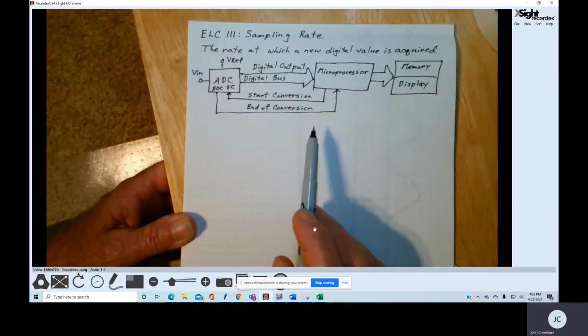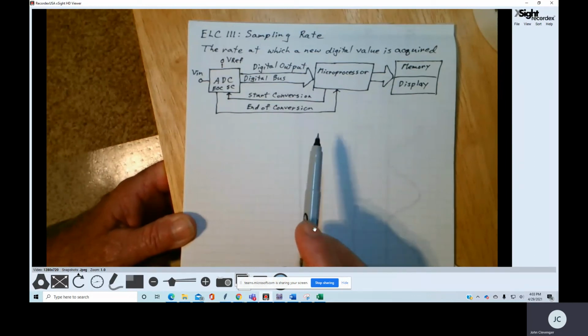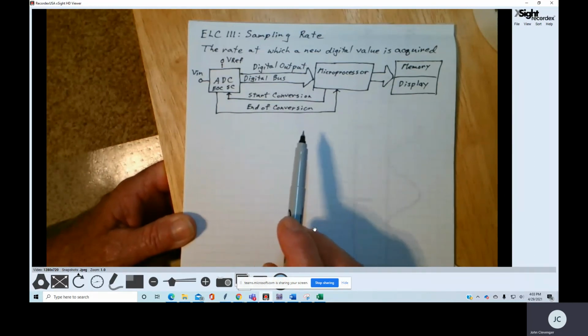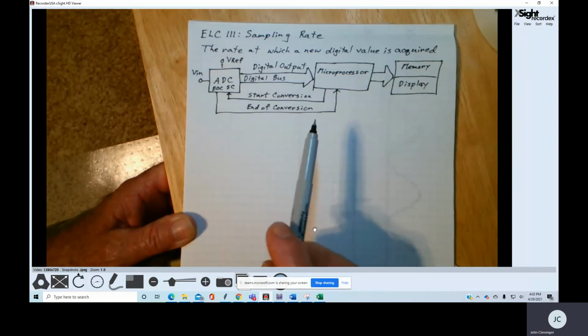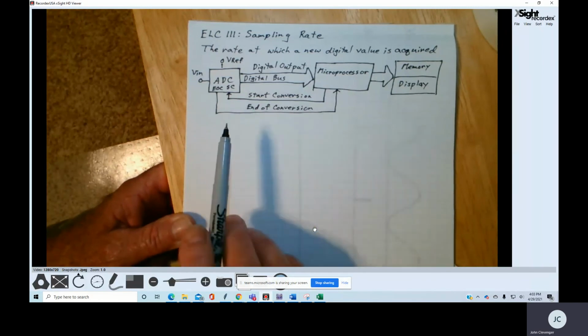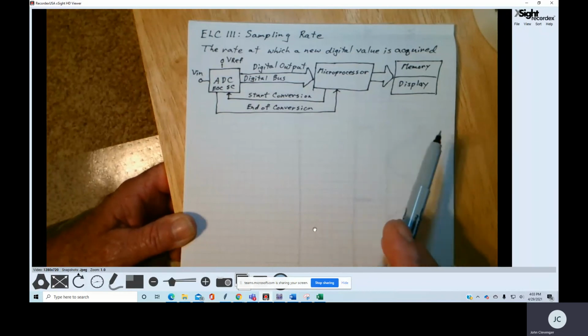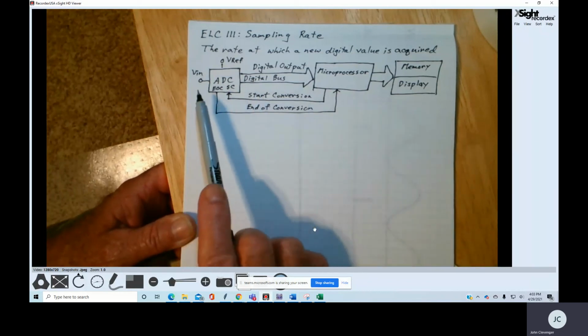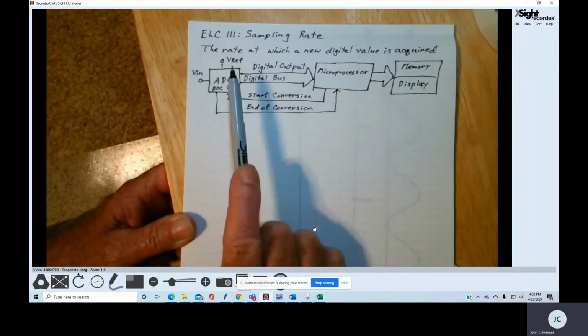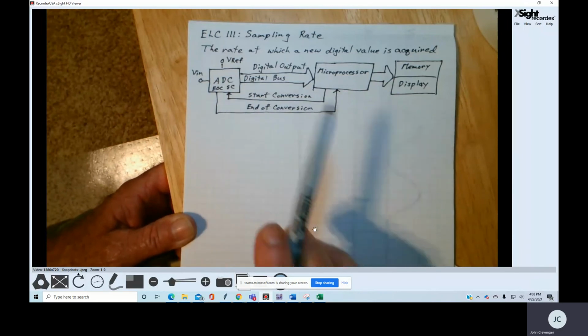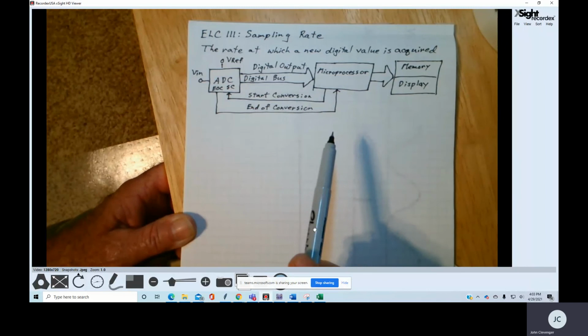And I provide the block diagram of an A to D converter and its connections to the microprocessor. Again, we looked at this block diagram in the previous presentation. So our A to D converter has an input voltage and a reference voltage and some digital output.